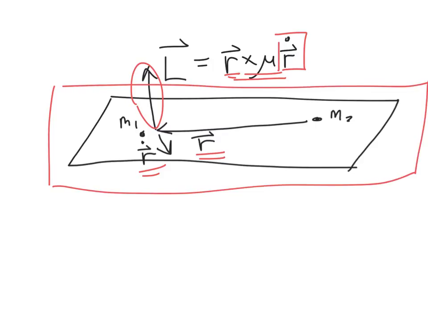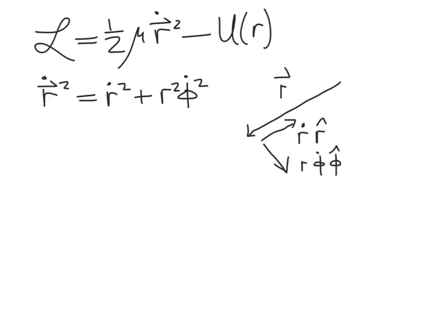That reduces the dimensionality of the problem from 3 to 2, so now we just need to keep track of motion in this plane. Okay, so we have a two-dimensional problem now. Here's our Lagrangian, remember, that we're interested in. We can either describe our vector in terms of x and y coordinates, or, as it turns out, a more natural coordinate system to take is the polar coordinate system, r and phi.